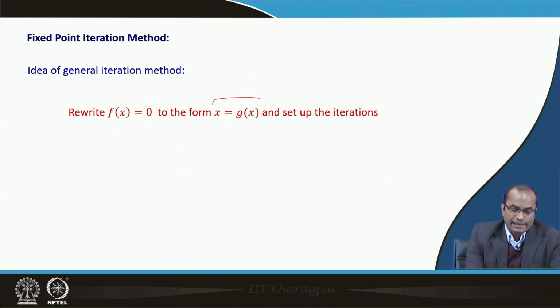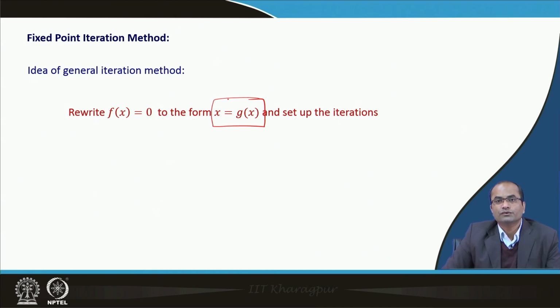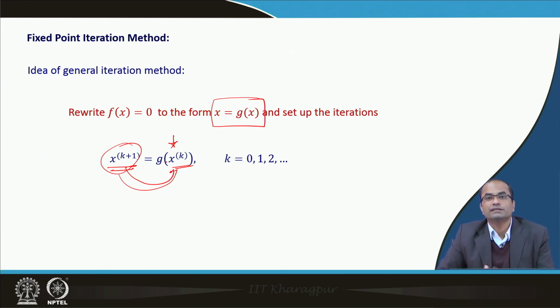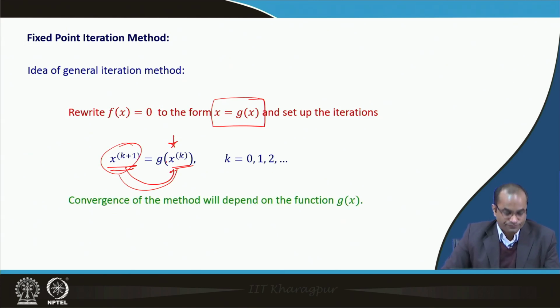To search for which x satisfies this equation, we set up the iteration by saying x_{k+1} = g(x_k). We will choose the starting approximate value, let us say x0, compute g(x0), and call it x1, then x1 will go here, then we will call the result x2, x3 and so on. This will be a sequence of approximations, and we will show that such a sequence under some condition converges to the actual root, not always, as in the bisection method.